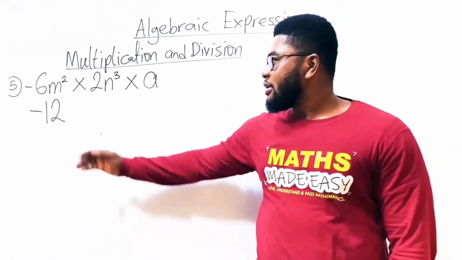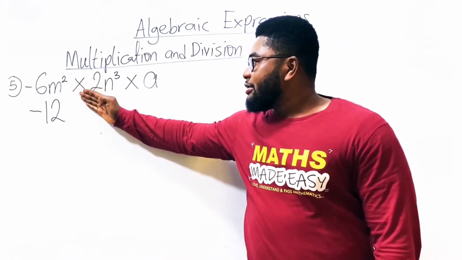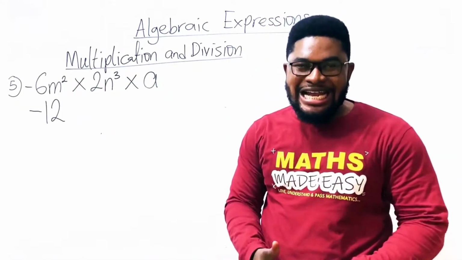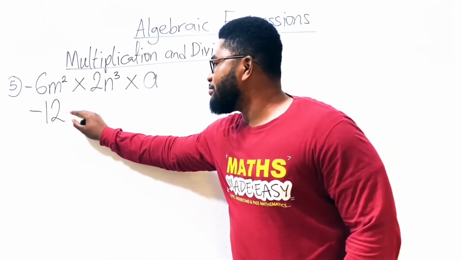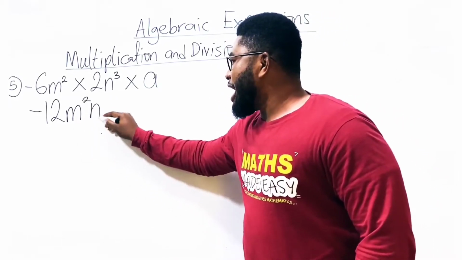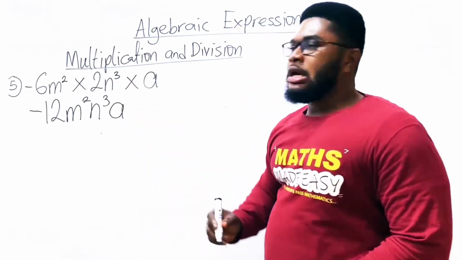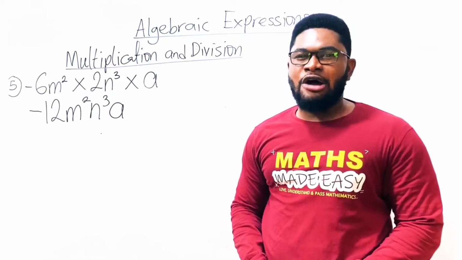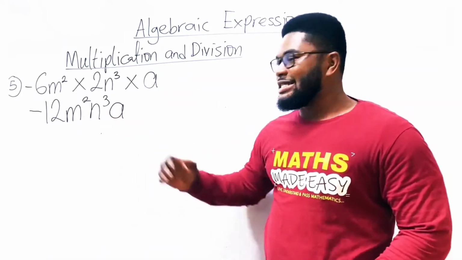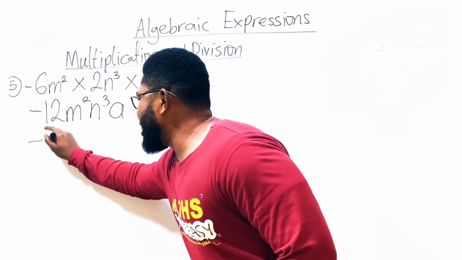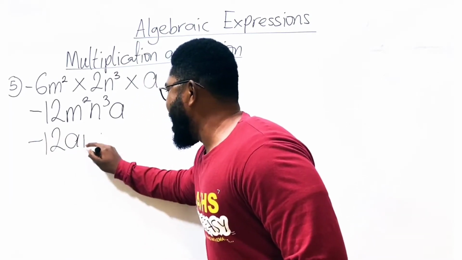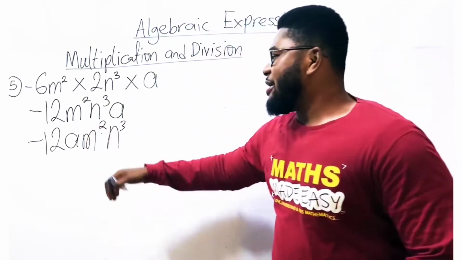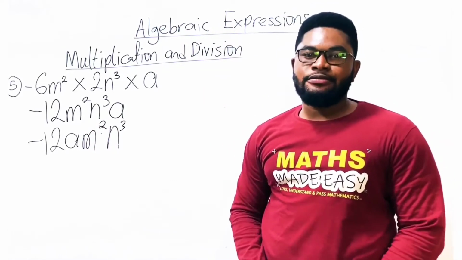With the variables m squared times n cubed, since the variables are not the same, we will maintain them with their powers. So it becomes m squared n cubed times a. Now, you can choose to leave your answer this way, but for the sake of alphabetical arrangement of the variables, we will rewrite this answer as negative 12a m squared n cubed, giving a as the variable which will come first.